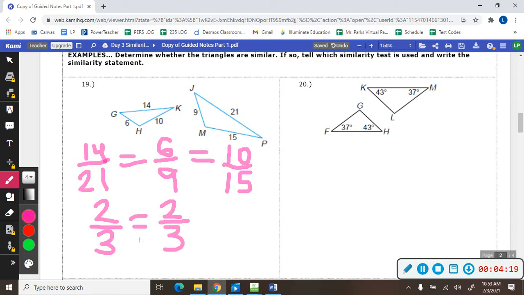So far we're good. We got the same fraction twice. 10 and 15 are both divisible by 5. 10 divided by 5, you get 2. 15 divided by 5, you get 3. So I have just shown that I got the same proportion, 2/3, 2/3, 2/3 on all 3 sides.